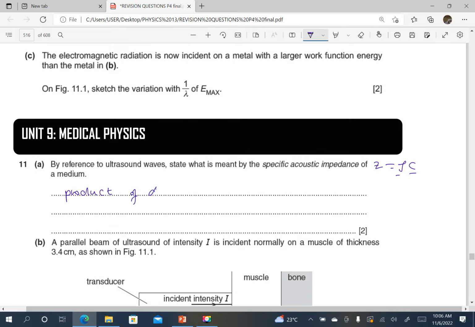So we define acoustic impedance Z as the product of the density of the medium and the speed of the ultrasound wave in the medium.